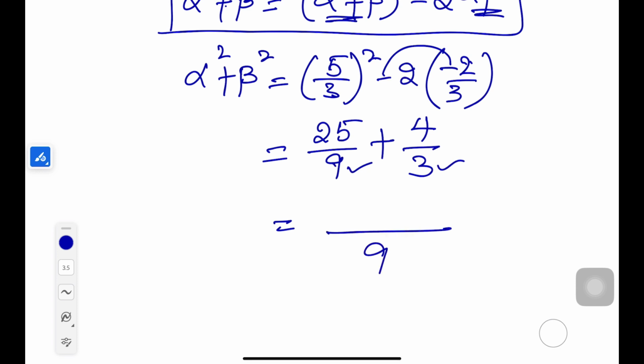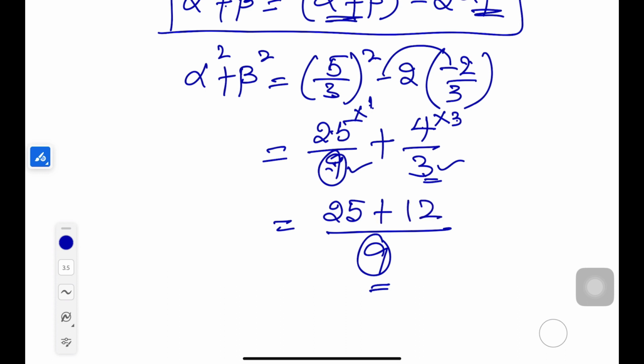Now this denominator 9 is same as the LCM, so multiply this with 1 because 9 times 1 is 9. See this denominator 3. 3 times how much makes 9? 3 times 3. So multiply this numerator with 3. So numerator 25 times 1 is 25 plus 4 times 3 is 12.